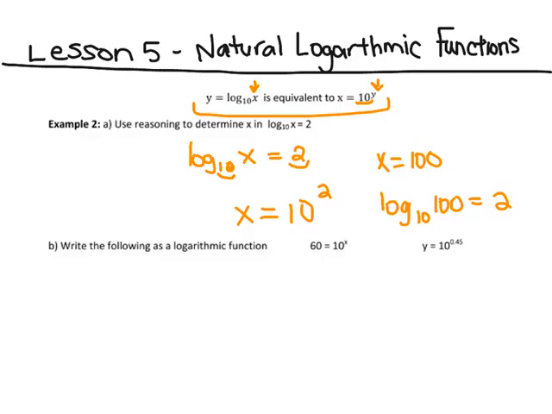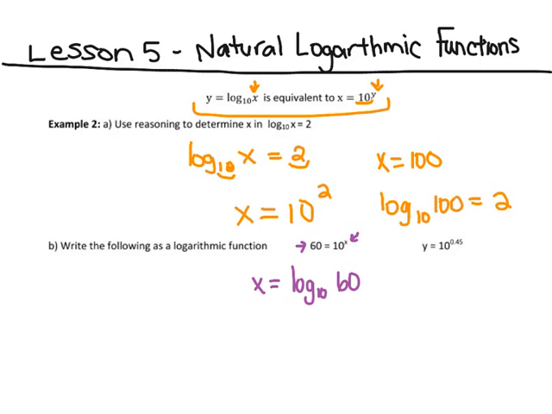For the next one, we're just going to rewrite as a logarithm. Because our exponent goes first in the logarithm, then we have log base 10, and then this number is the number that goes with our log. So we have log base 10 of 60 is equal to x. So you could even solve that.